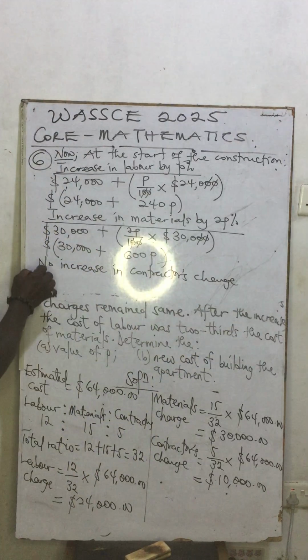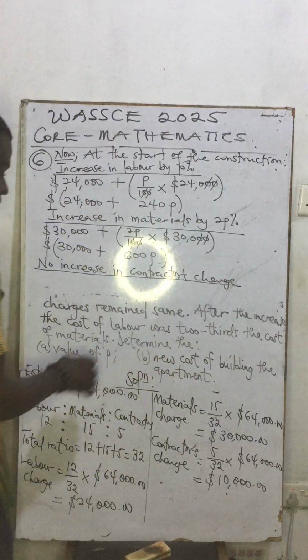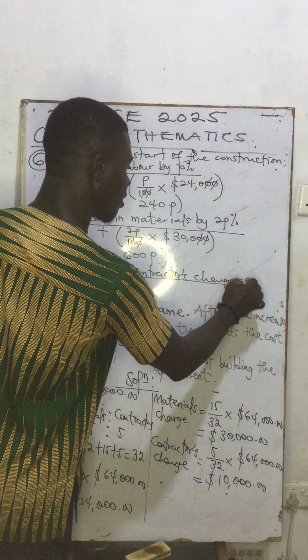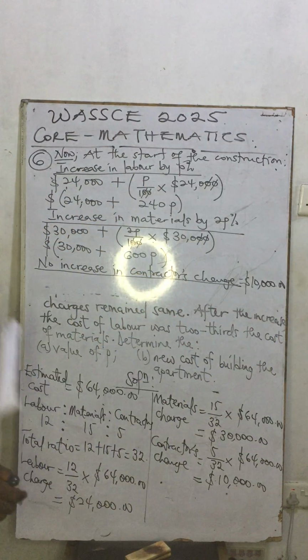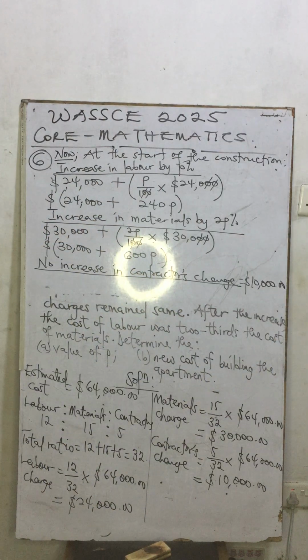So if there is no increase, then the amount is still the same, which is $10,000. It's still the same.